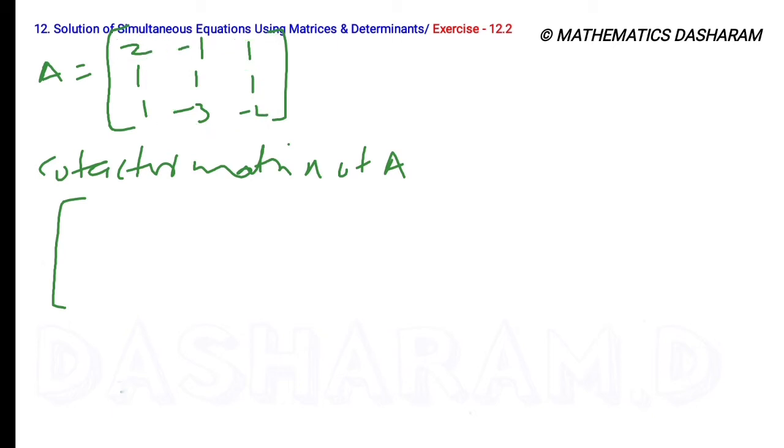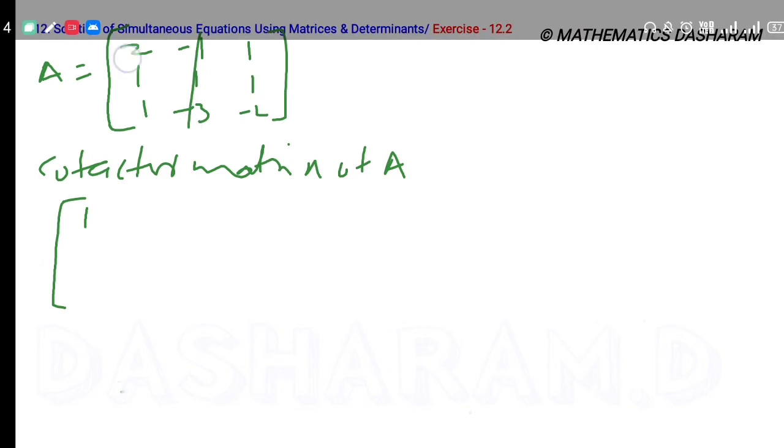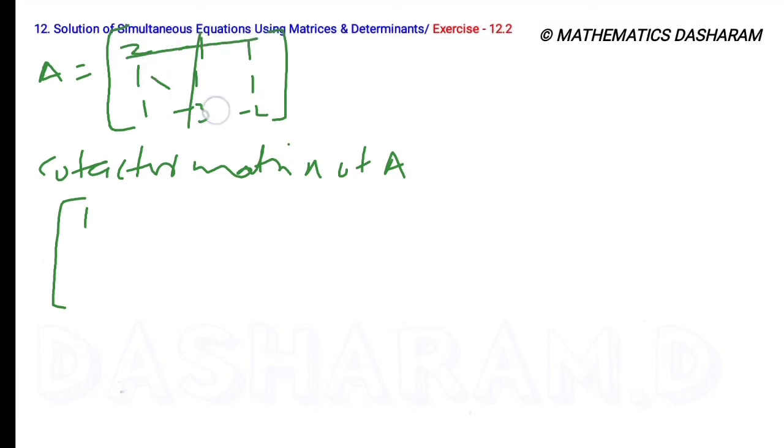So 1 into minus 2 minus 2, and minus 2 minus of minus plus 3 into 1 is 3. So it is 1. Next, replace the minus 1 with the determinant of the remaining elements. So 1 into minus 2 minus 2 into 1. So it is equal to minus 3.